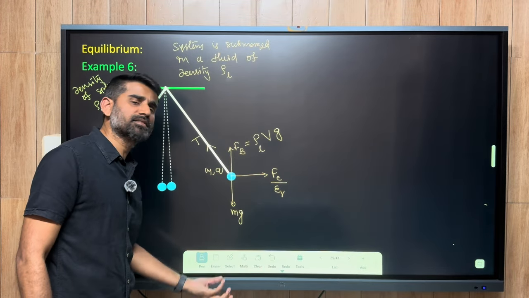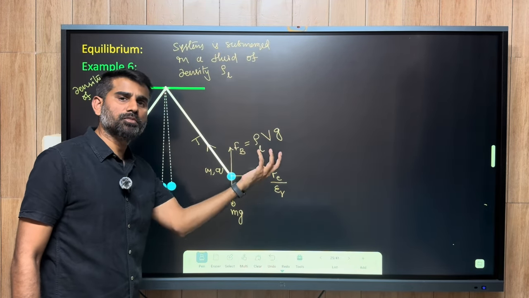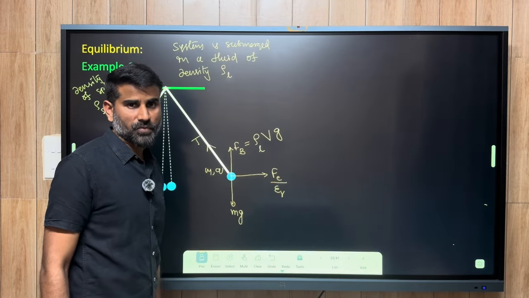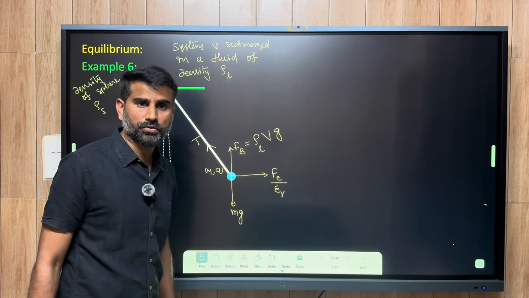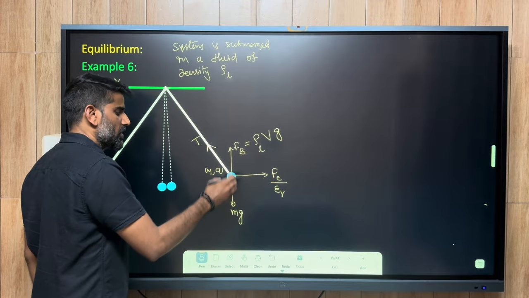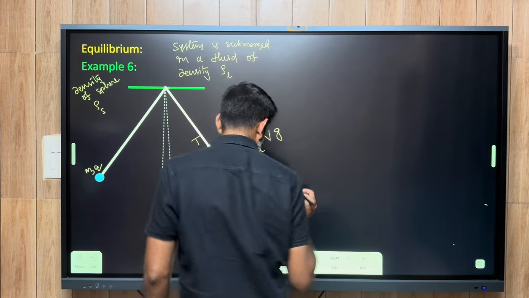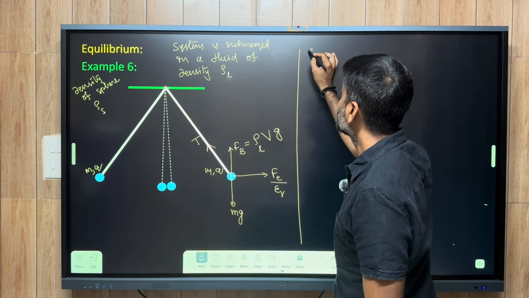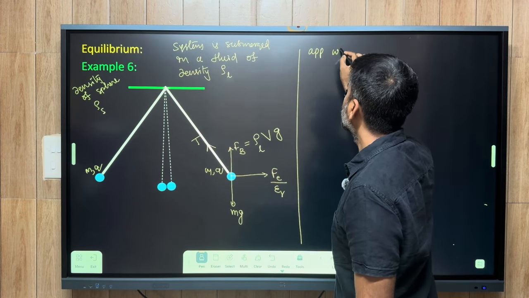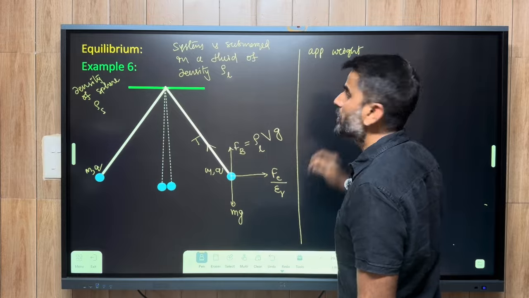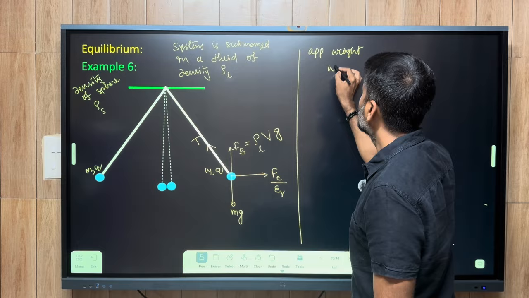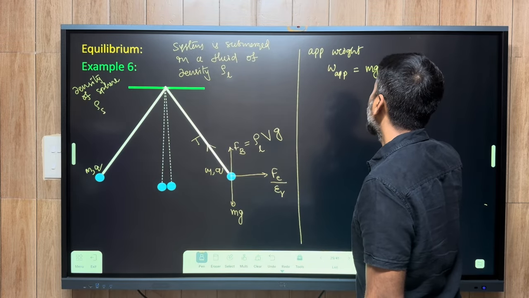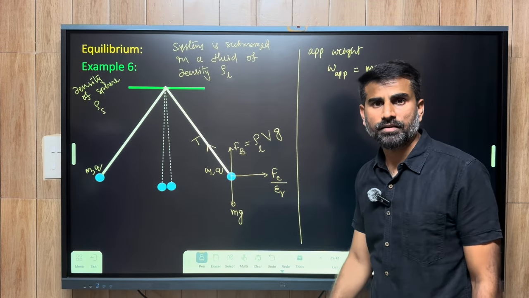Since the entire sphere is submerged, I am going to take the entire volume of the sphere. So rho L V g is the buoyancy force. But anyhow, the effective or apparent weight is equal to the actual weight minus the buoyancy force.